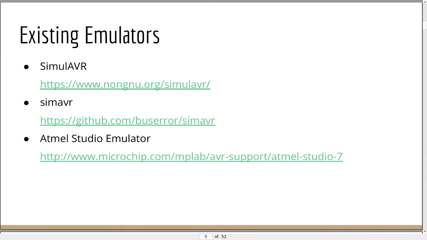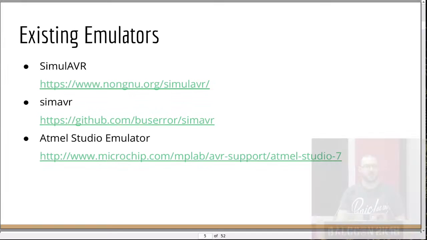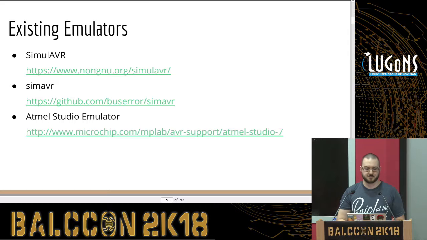So I was looking for existing emulators that would help me find out what I wanted to find out, namely, what is the software doing, what is it sending on the UART port. I was looking at mainly three emulators before that. I saw SimulAVR, I saw SimAVR, and I saw Atmel Studio Emulator.